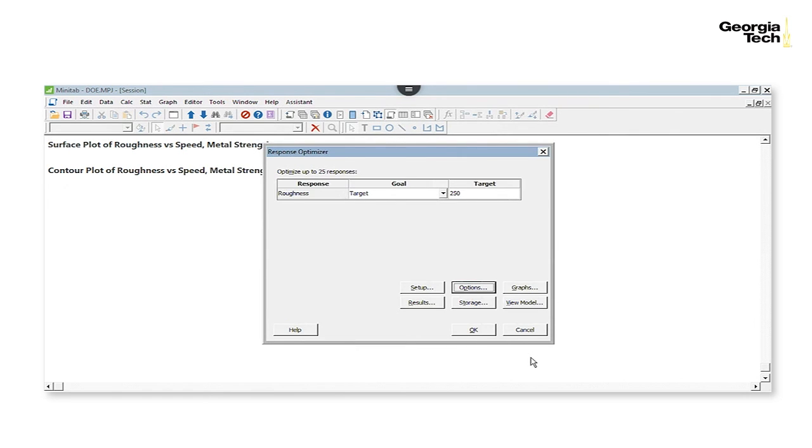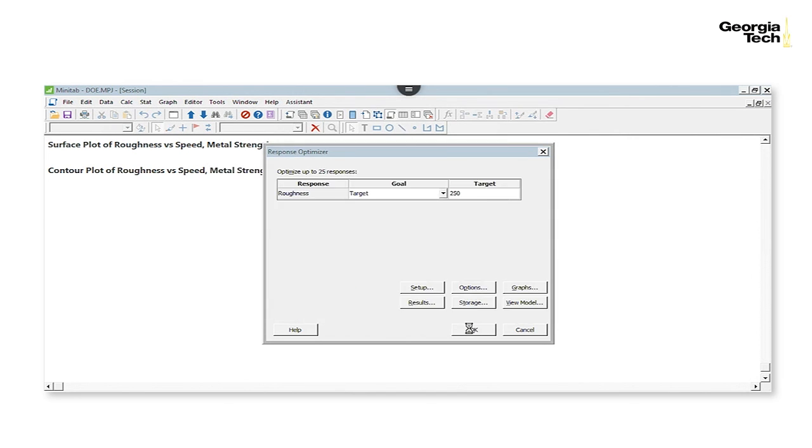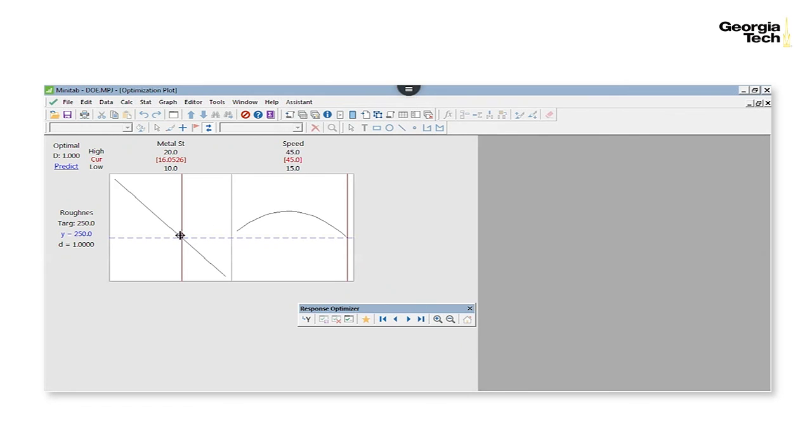We can set it here. The model that you are using again is here, basically a linear model with a quadratic effect of speed, linear terms and the interaction.